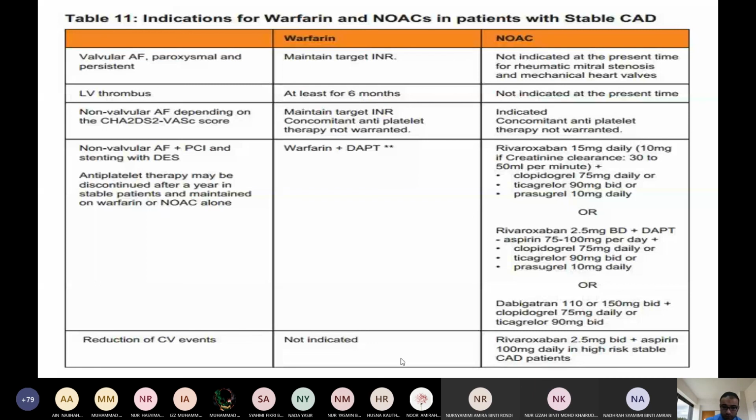Okay, I think that's all for today, and perhaps tomorrow, inshallah, we will start with the antiplatelet therapy. Of course, if anyone missed it, you can start with antiplatelet therapy and continue, inshallah, with the rest of the lecture.